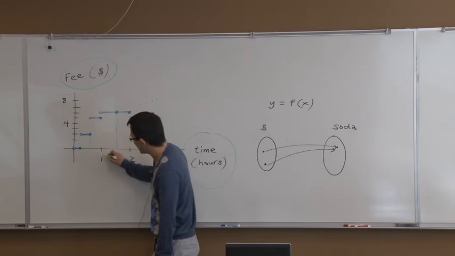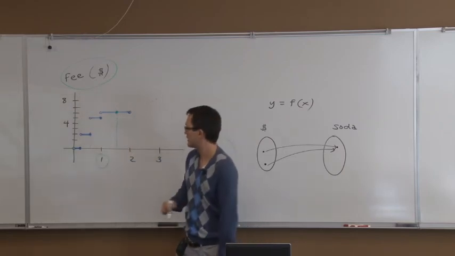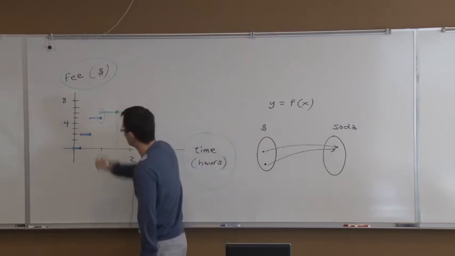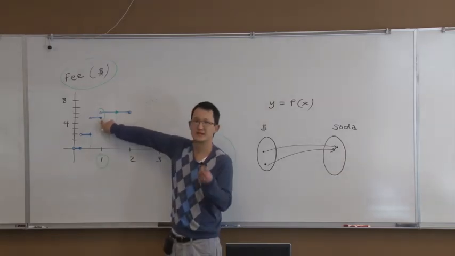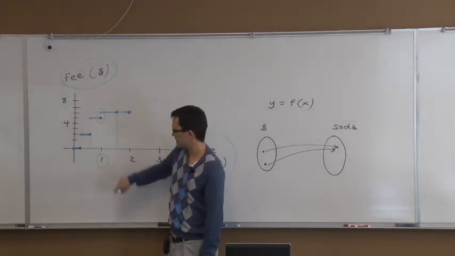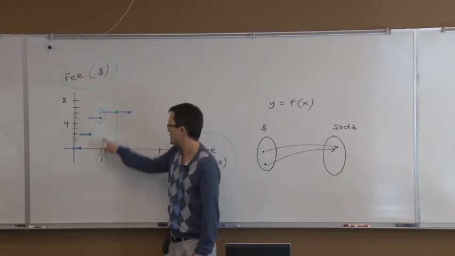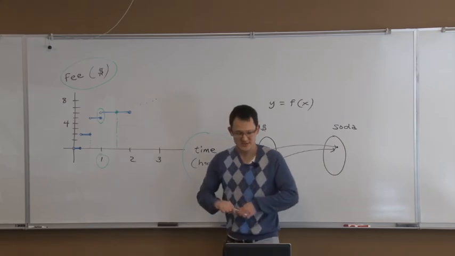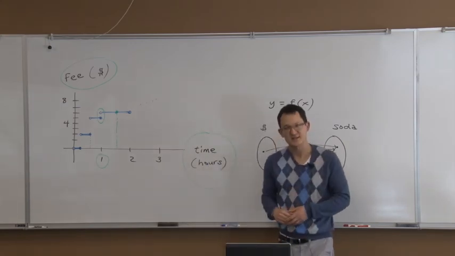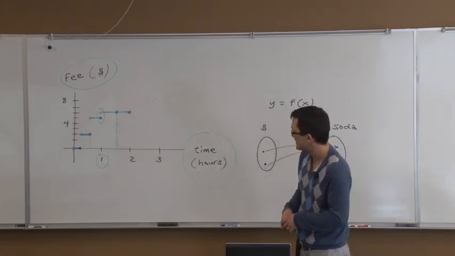So even in the tricky areas, like exactly 1 hour, you can look at the graph very carefully, and you can see that they will let you get out of the garage by paying $5. But as soon as you spend slightly more than 1 hour in the garage, then they're going to bump that up to $6.